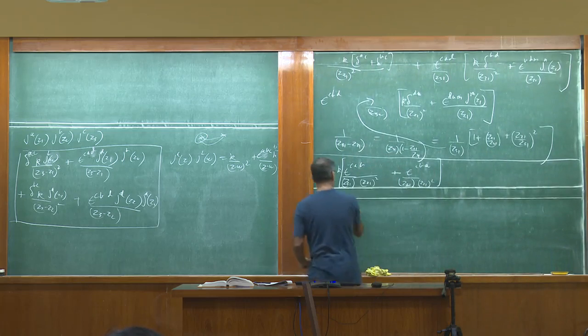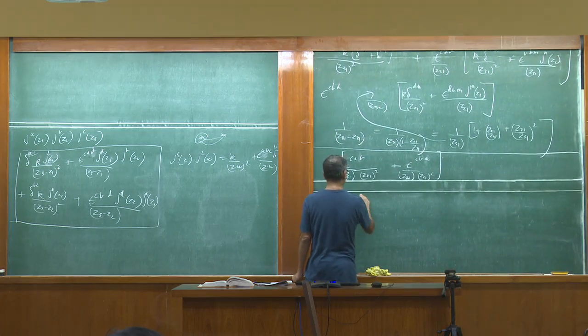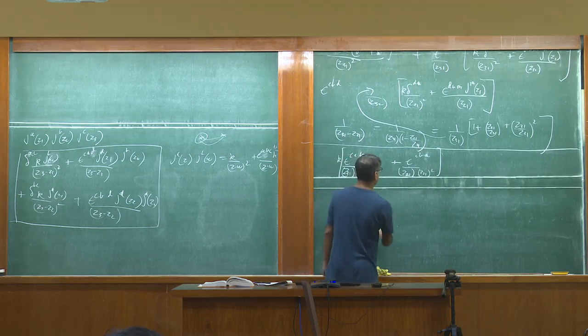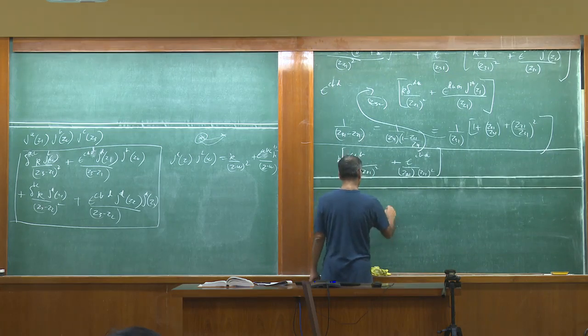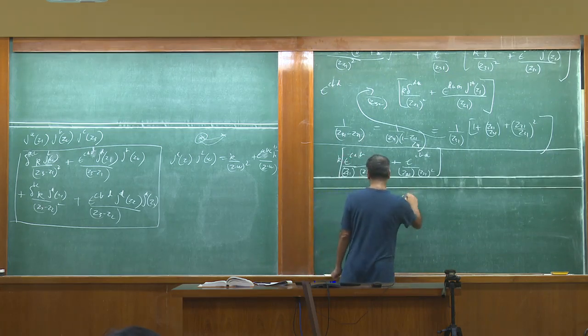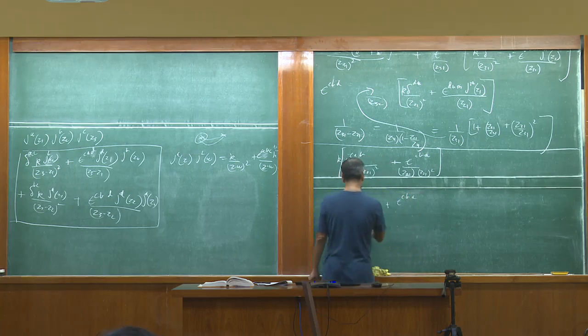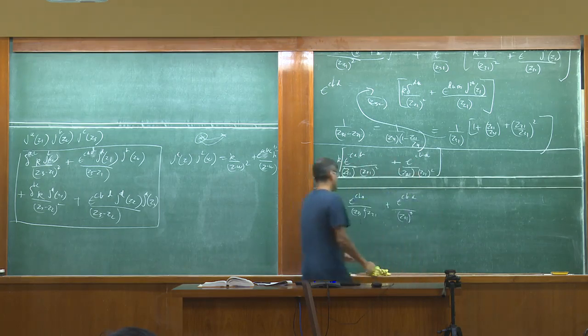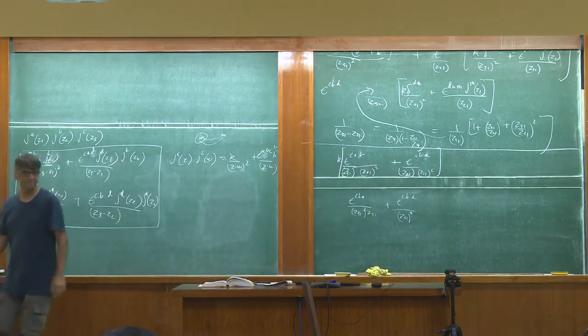So what's left is epsilon CBA times now Z31 Z21 plus epsilon CBA Z31 squared and plus Z31 cube, and without a Z21.